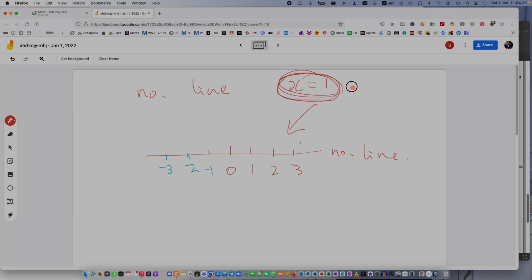Any idea? Are you following or not? Where is x equal to 1? Where is 1 now?